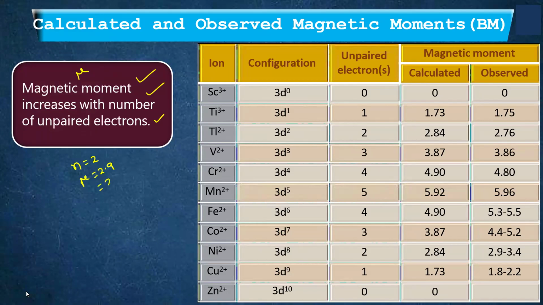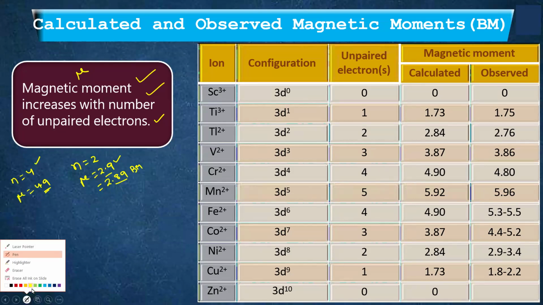In the examination it will be given as 2.89, so don't say that sir told 2.9; write 2.89. If n is equal to 4, then mu is equal to 4.9. So there is an increase in the mu value with an increase in the number of unpaired electrons. We can see from here also.